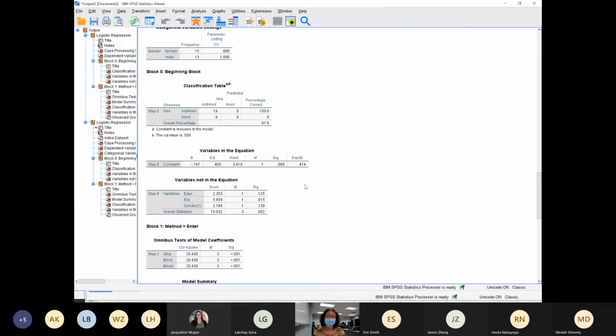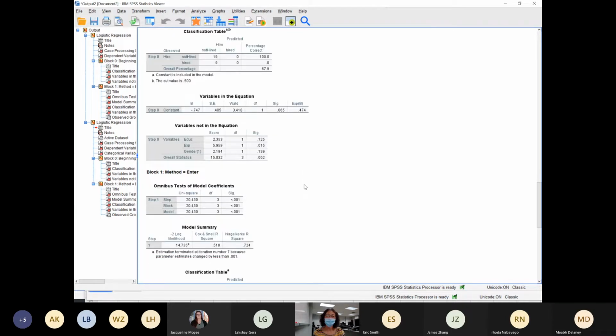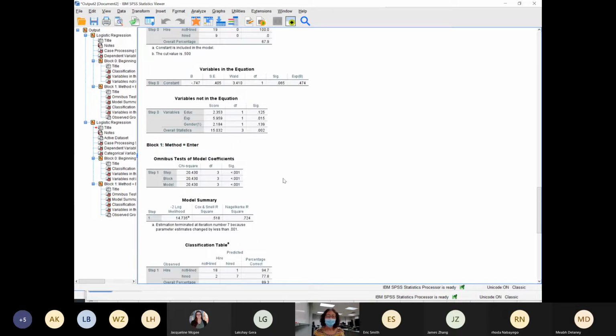Is this model significant or not? Usually you go to the model summary. Look at the model summary. This model explains 51.8% to 72%, so 52% to 72% of the changes in Y are due to those 3 X. So pretty good.